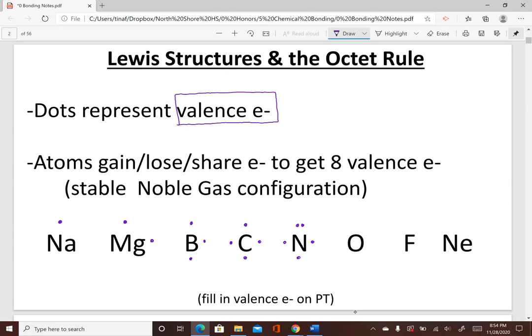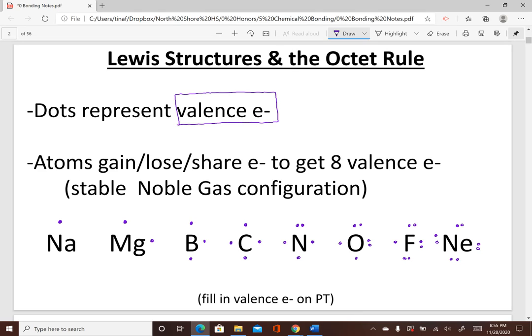Oxygen has 6. 1, 2, 3, 4, 5, 6. Fluorine has 7. 1, 2, 3, 4, 5, 6, 7. And neon has 8. 1, 2, 3, 4, 5, 6, 7, 8.